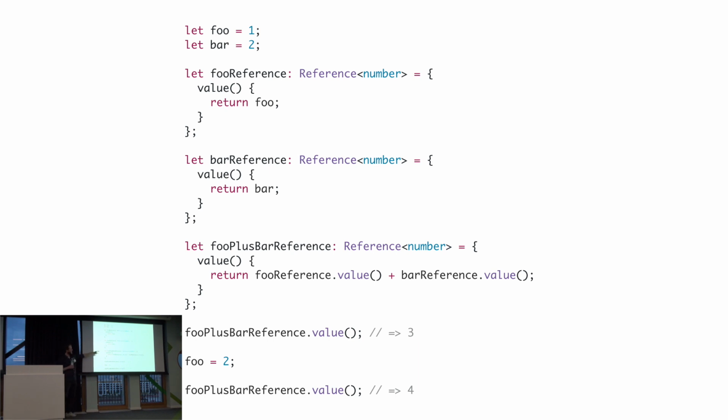And then we have a foo plus bar reference that contains the sum of the other two references, and it behaves as you would expect. Composed references have to be pure. That means they can only depend on their inputs. So foo plus bar reference can only depend, or the value of its value method can only depend on foo reference and bar reference, and not some global state.